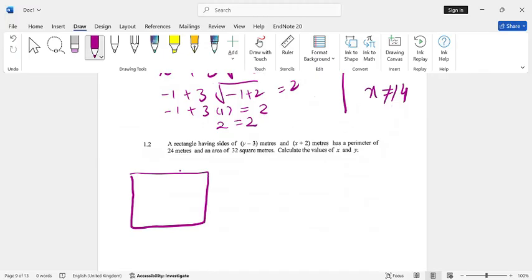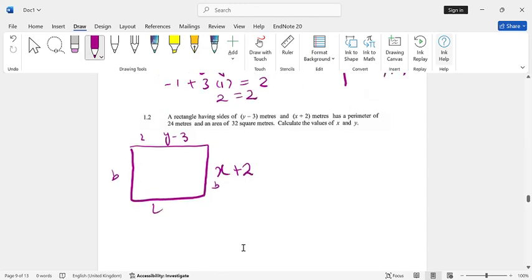So its y side equals y minus 3 and its x side is x plus 2. So what do we have to find in this? As you can see, we have to calculate the values of x and y. So we say that we have a length and a breadth of this rectangle, okay?